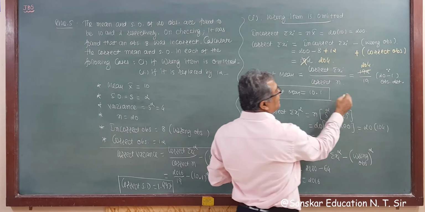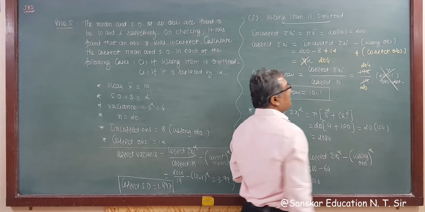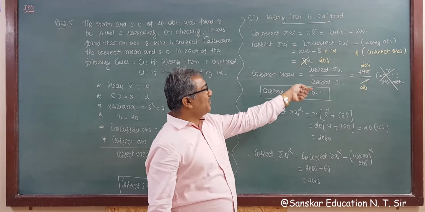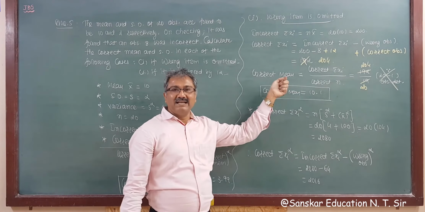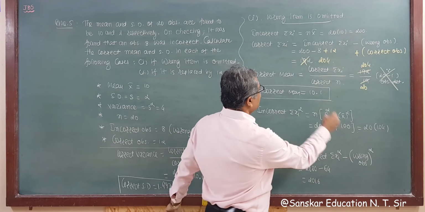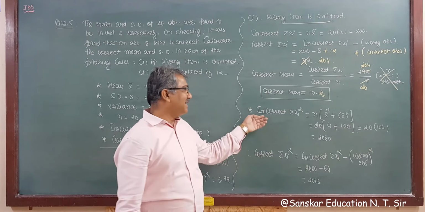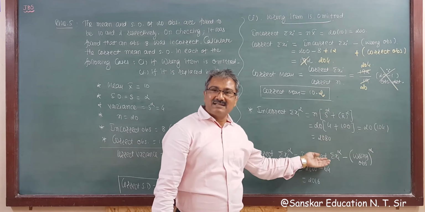So correct n is here 20, right? So no need to write this. So 204 divided by 20 is 10.2, right? So the answer is 10.2. Now incorrect sigma xi remains the same.